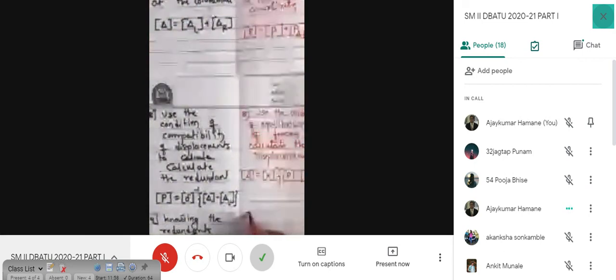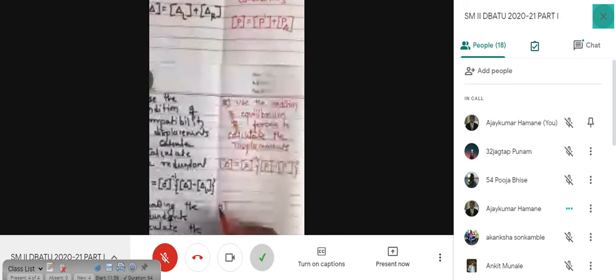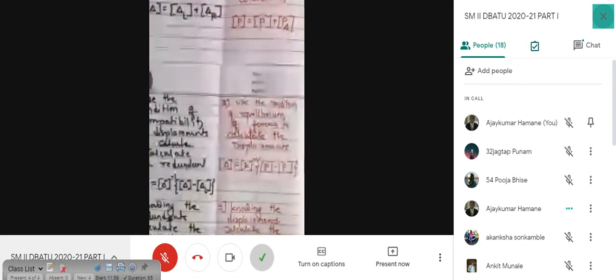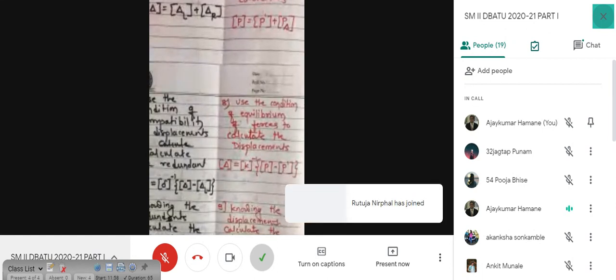And here ninth, knowing the displacement, calculate the internal member forces by using the slope deflection method.